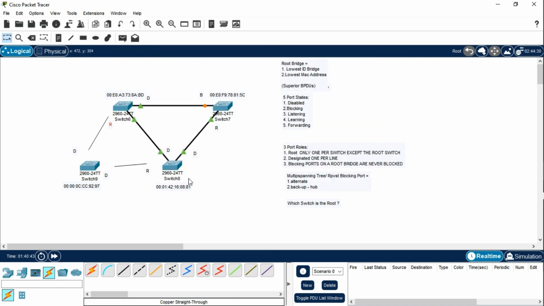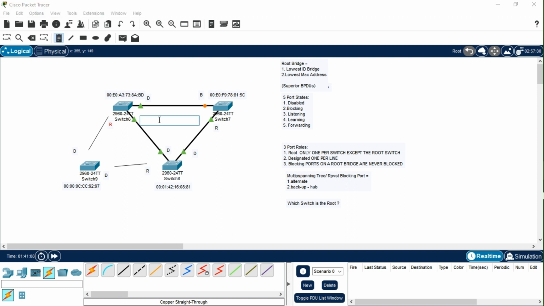Technically, the speed would be the same. So which would have the superior BPDUs, either this way or this way? Technically, this would stay the same. If this is a designated port, I'm thinking, guys, this is going to be a blocking port.